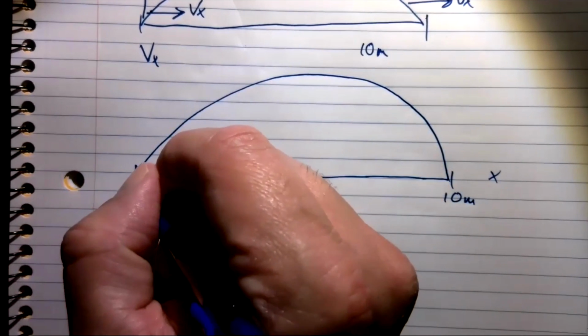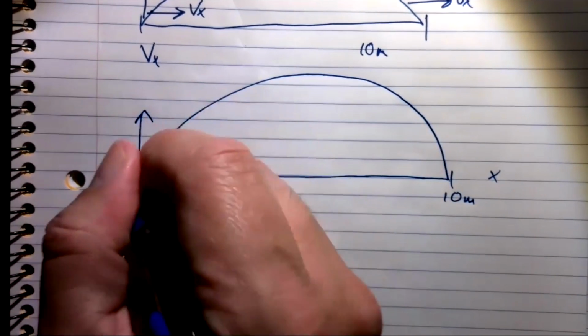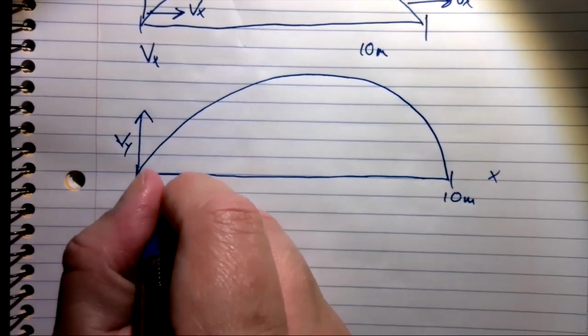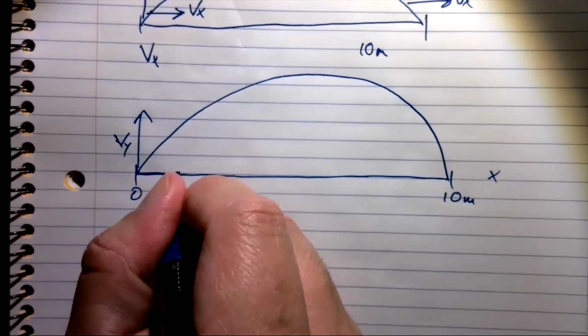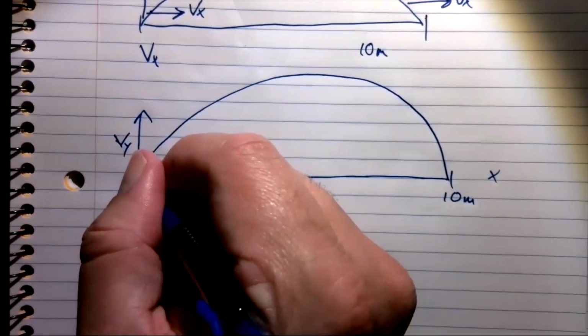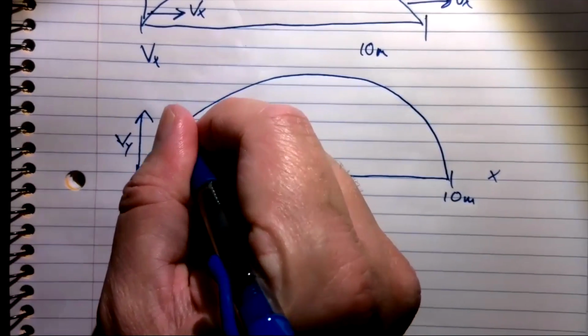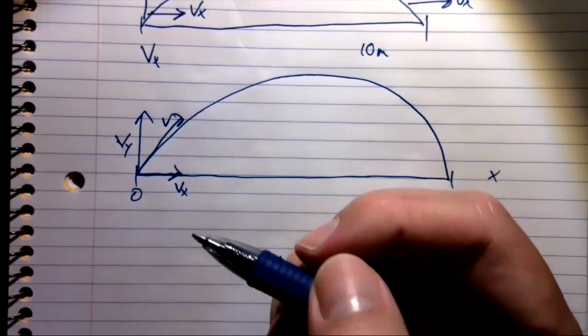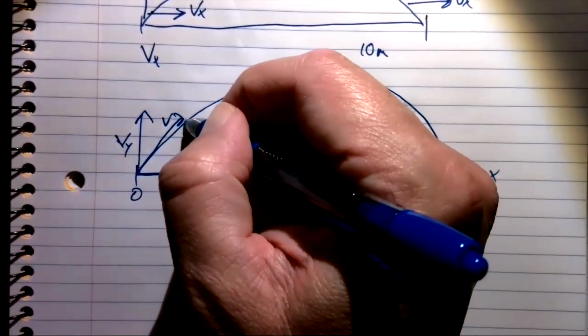Okay, so we're going to have Vy going up this way. This is Vy, and then Vx will come out this way. So this will be Vx, and then our velocity vector initially is going to look like this. So this will be V. So this makes a triangle. We can move Vy over here.